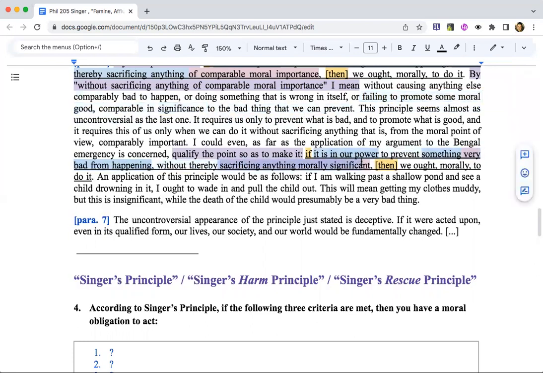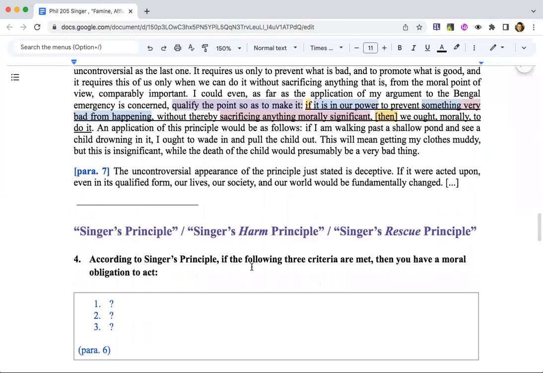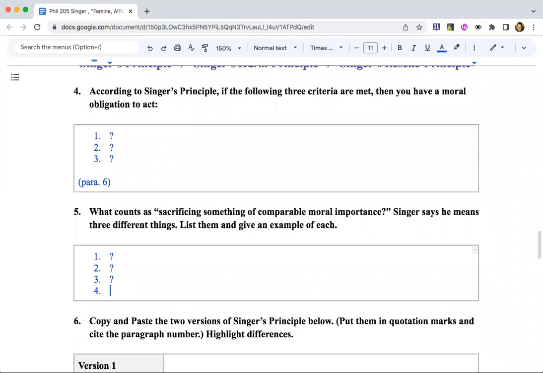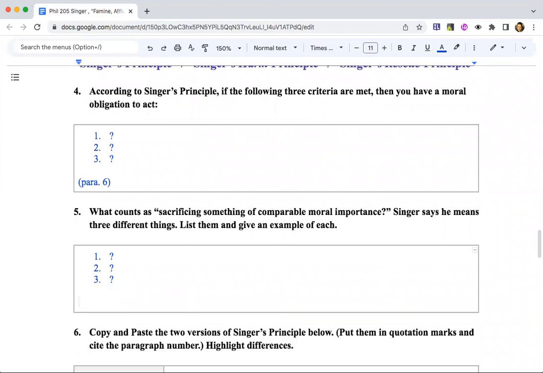Here, we've lowered the bar from comparable to morally significant, and that should change what these three things are slightly, the wording of those things, but feel free to just use the original wording. The point is really to underscore, we're not just talking about look at the thing that you would be sacrificing, time and money, and asking is time and money, in this case, morally significant. It's a broader conception than that. And you'll need to know that in order to charitably, fairly, accurately apply his principle to cases.